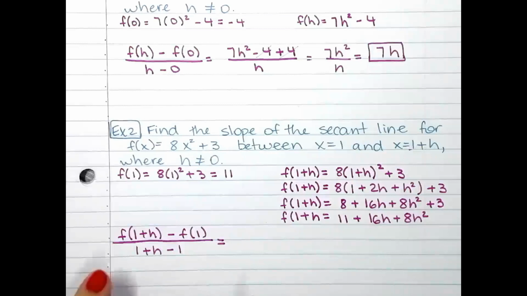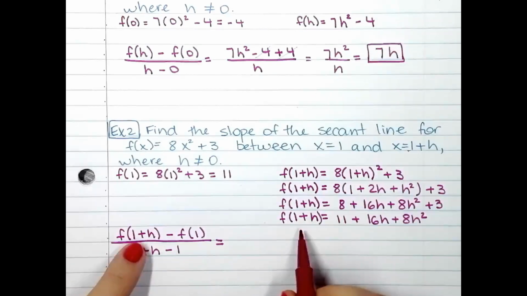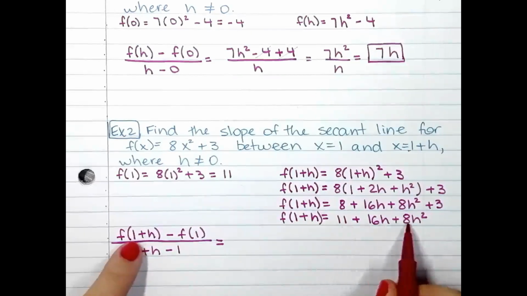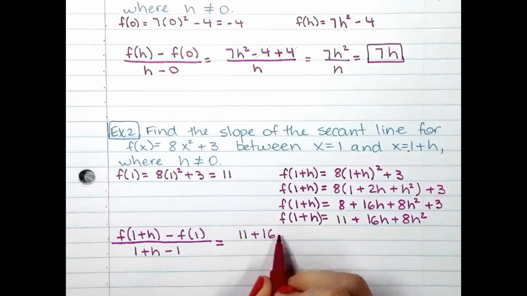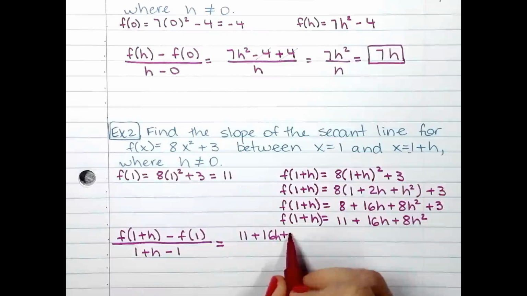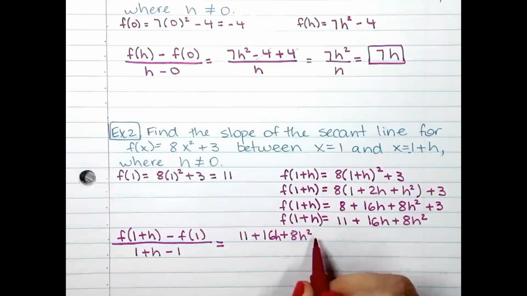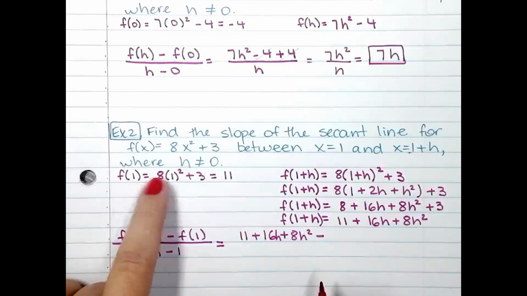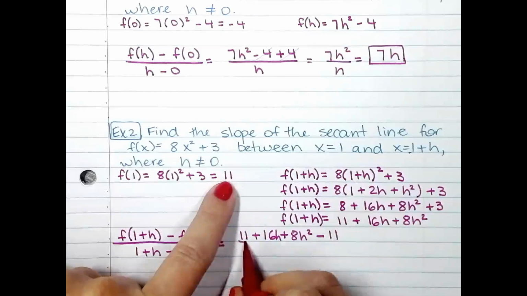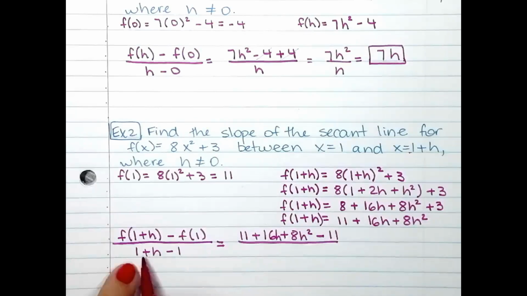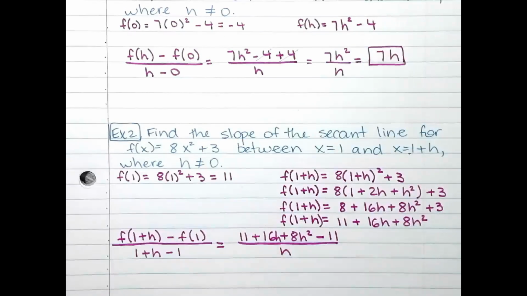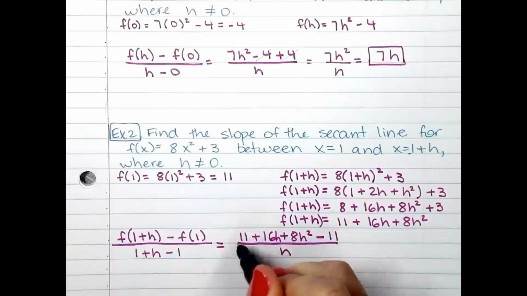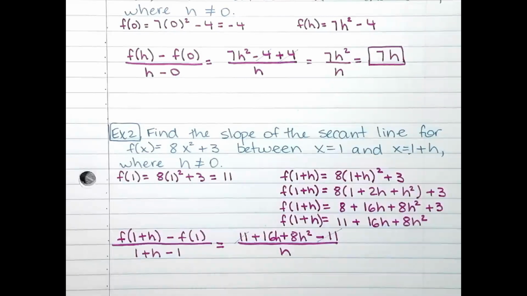Okay, I know f of 1 plus h is this whole expression right here. Minus f of 1 is 11. Everything over, here I have 1 plus h minus 1. 1 minus 1 is 0. And also 11 minus 11 is 0.